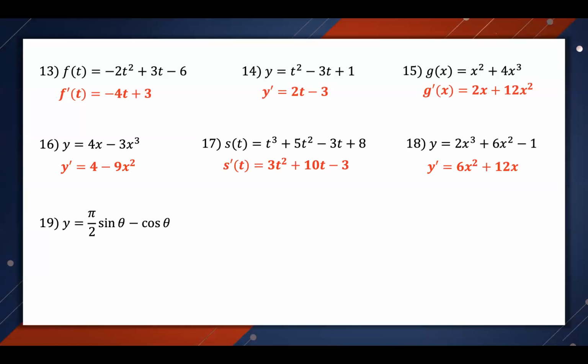So for the front of it, we will keep the constant pi divided by 2 as a constant number before it. The derivative of sine theta would be cosine theta, and the next portion, minus cosine theta, the derivative of cosine theta will be minus sine theta, so the rest of it would be plus sine theta.